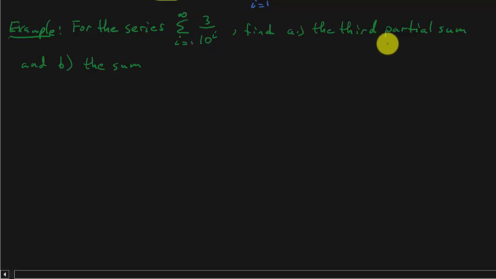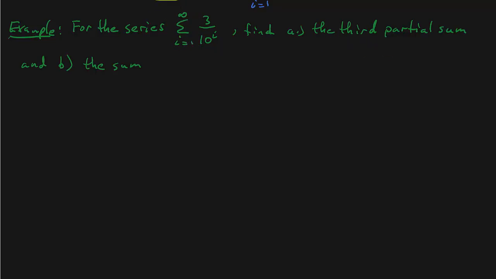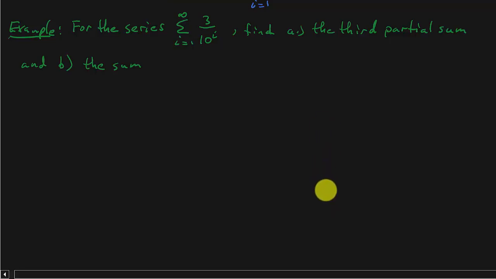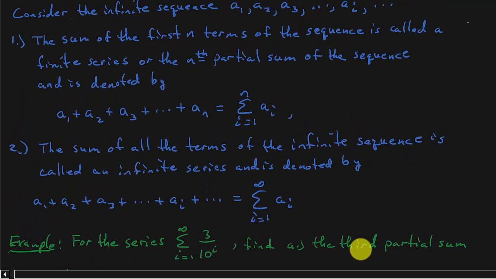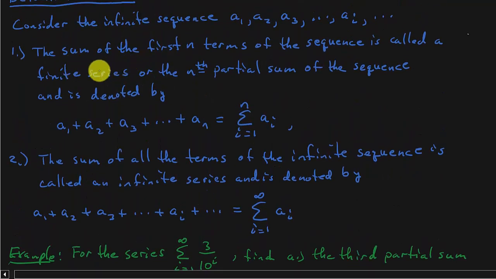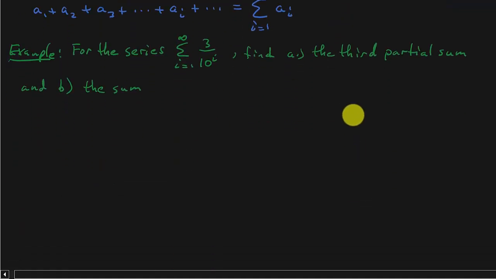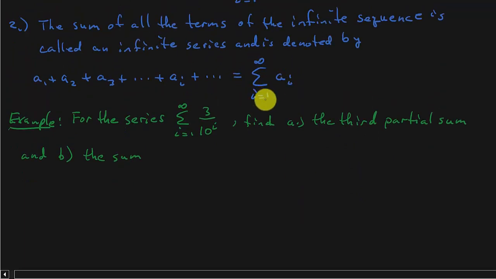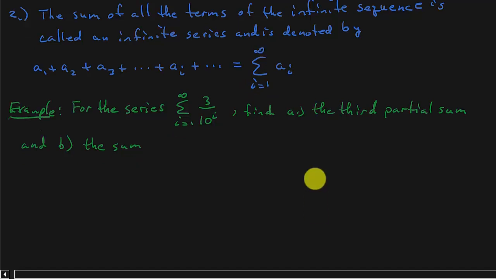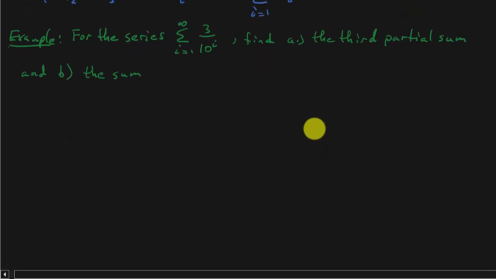If you remember from up here, the sum of the first n terms is called the nth partial sum. So we're looking for the third. So that's going to go to 3. And then they want us to find the sum, and that would be this one down here, where i goes from 1 to infinity. So let's look at part A first.